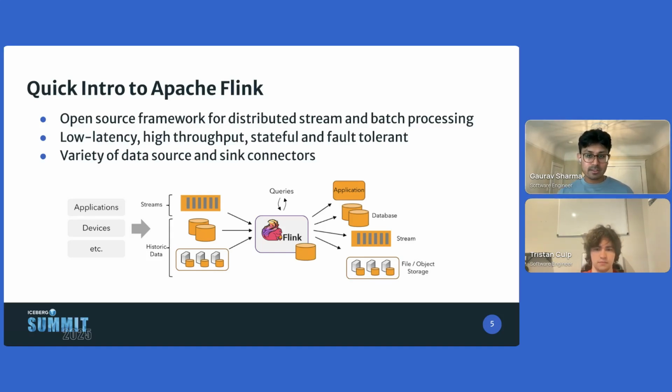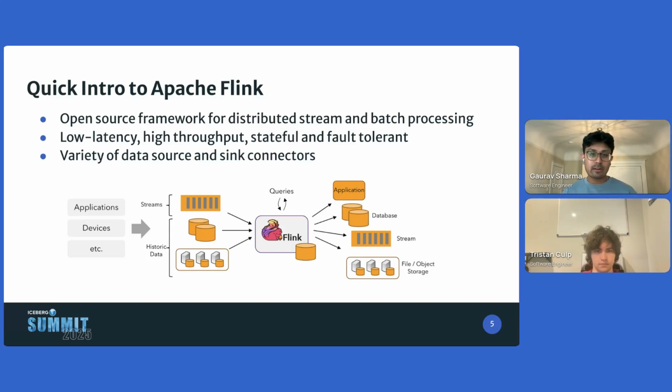Another benefit is it's stateful and fault tolerant. In the case the Flink job fails, the job periodically checkpoints its state. So in the case of a failure or restart, we're able to resume from where we were processing the data last to avoid any type of data loss.